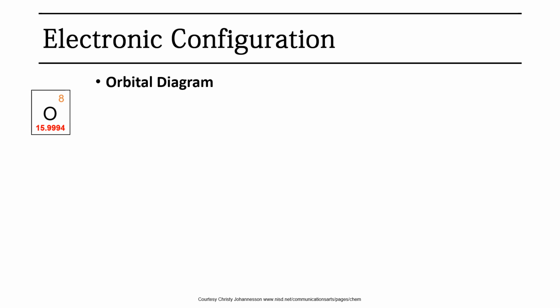Let's first consider oxygen. How many electrons exist in oxygen? The atomic number of oxygen is 8.